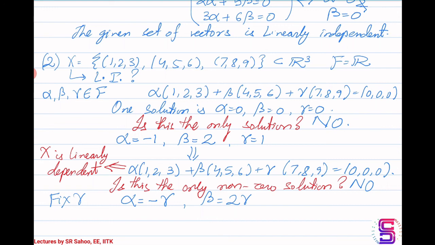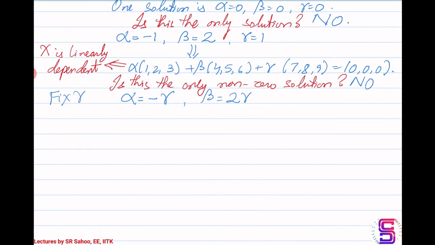You can see here that if a set of vectors is linearly independent, then the solution to the equation is one and only one, which is all the scalars are zero. I'll write it down.